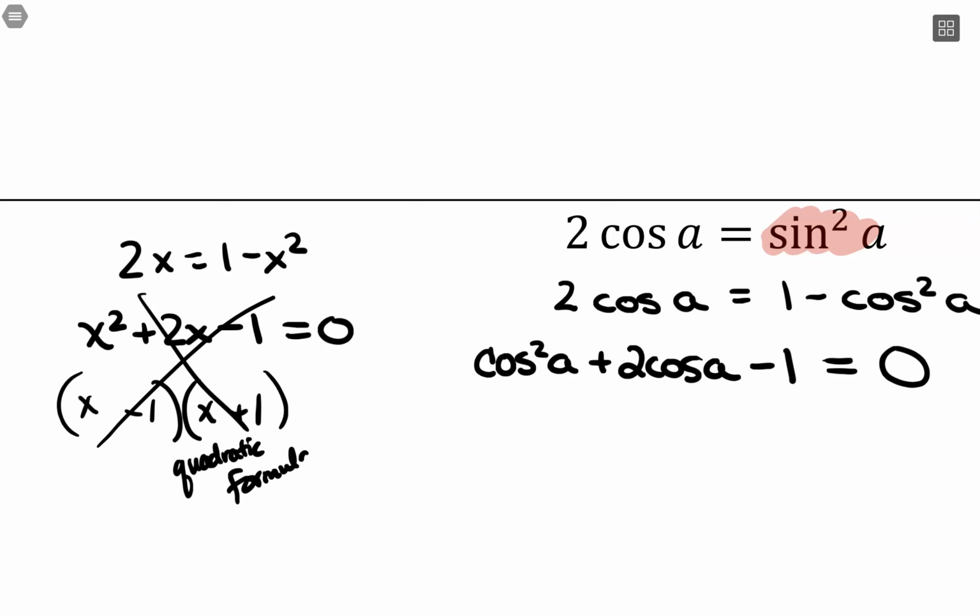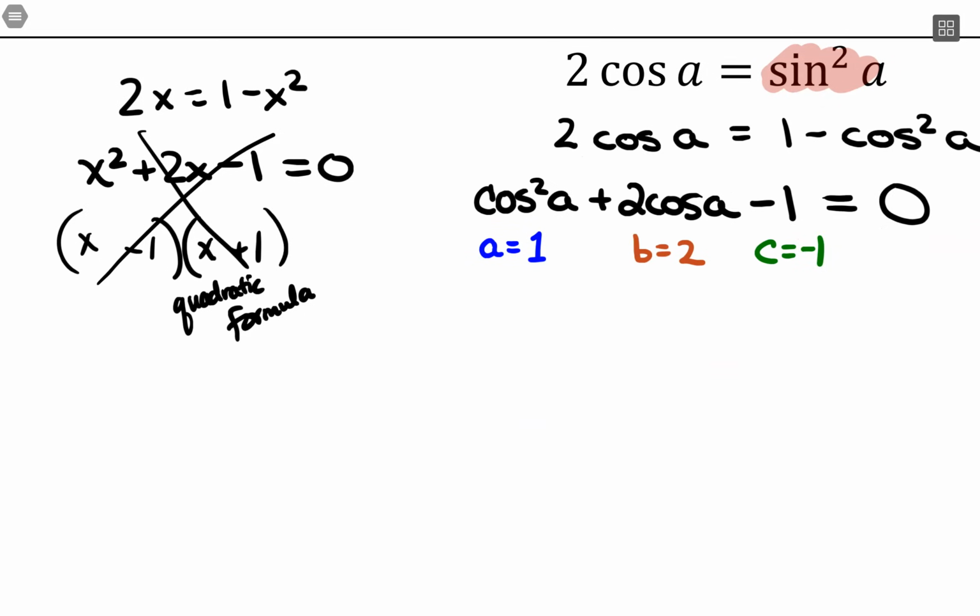So, good old quadratic formula. I need to know the numbers that are multiplying with the values here. So I have 1 cosine squared. That means my value for A is 1, B is 2, and C is -1. So when I go to plug into the quadratic formula, which usually solves for our variable, we always said x equals.